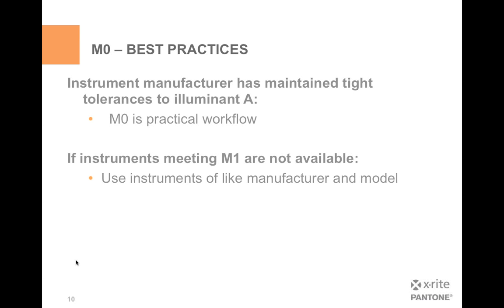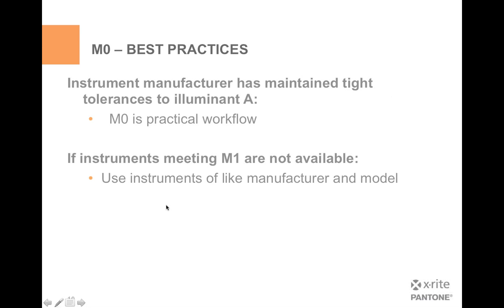But if M1 is not available, so you have a device that can't give you M1, then you want to make sure that you're using instruments of the same manufacturer and model when you're interchanging data, because you want to make sure that they have as close a modeling to each other of that fluorescent effect.